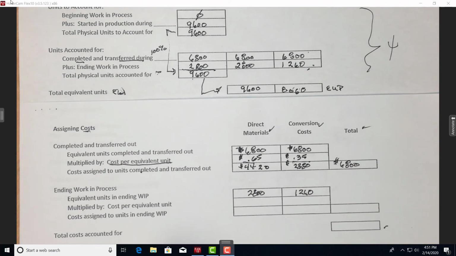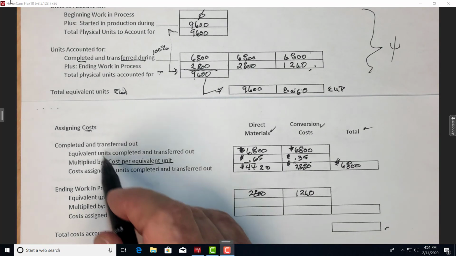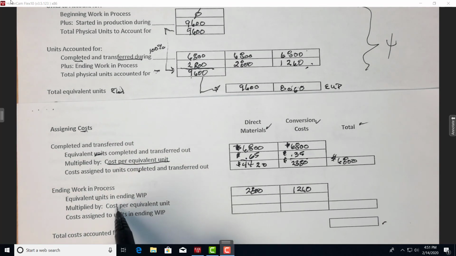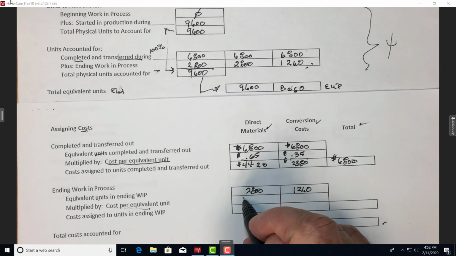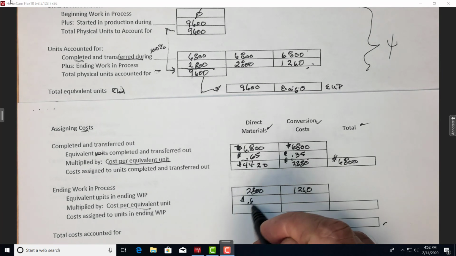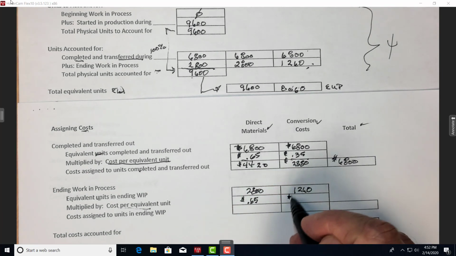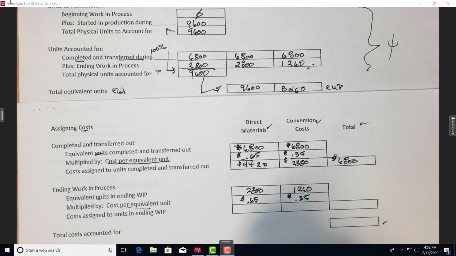These are physical units, times the cost per equivalent unit, which stays the same, 0.65 and 0.35.